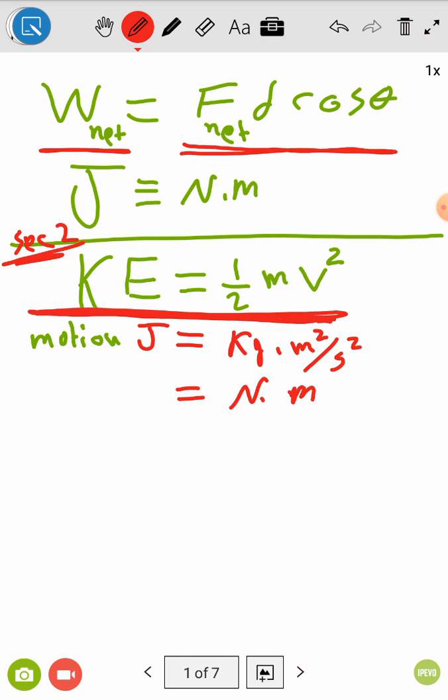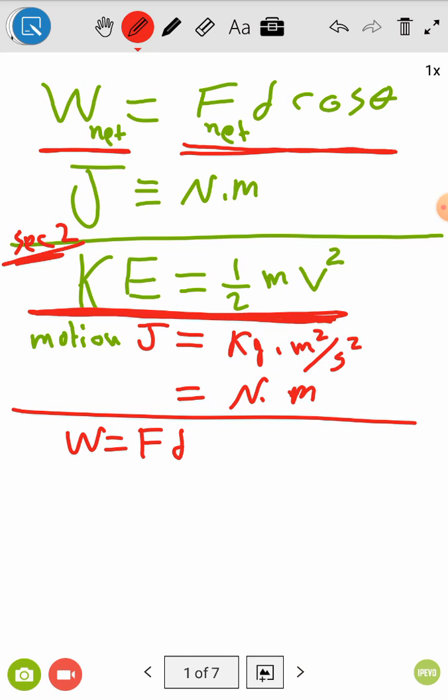To connect kinetic energy and work, you know that work equals F d. If F is parallel to the displacement, no need to write cosine theta. And F equals m a, and you can use delta x instead of d.